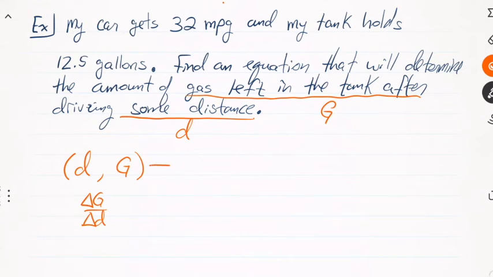So the first coordinate I'm going to have, again, is going to be how many gallons do I have at the start of my drive. And since I filled it up, it's 12.5 gallons. So I haven't driven anywhere, I'm still sitting at the gas station, and in my car is 12.5 gallons. So that'll be my first coordinate.